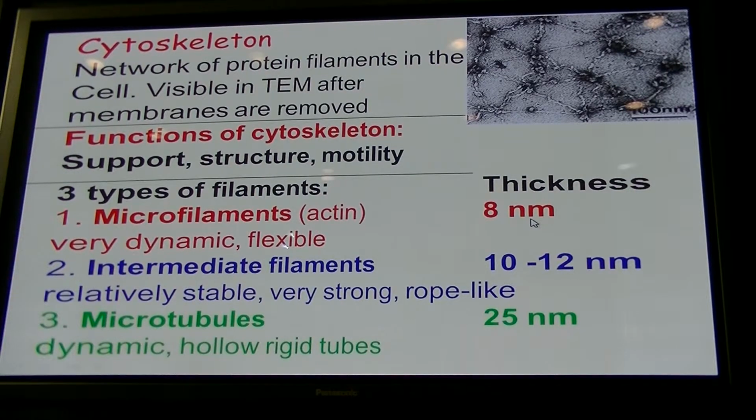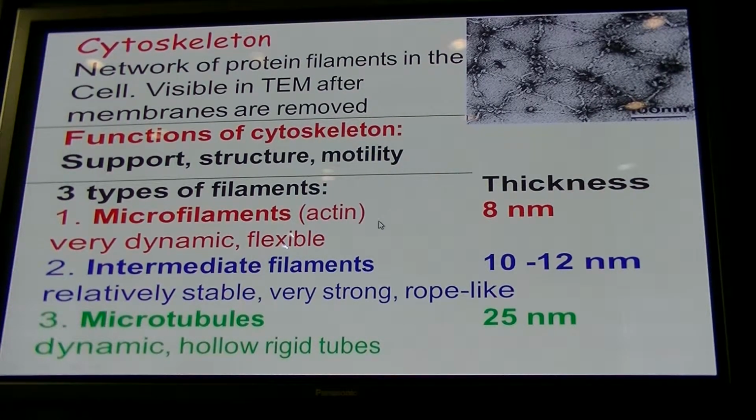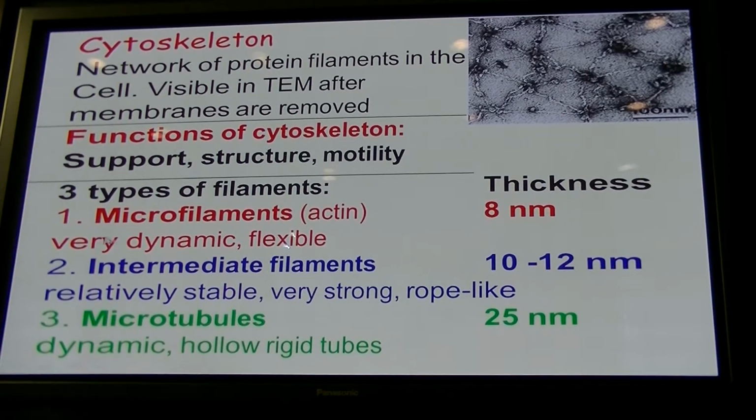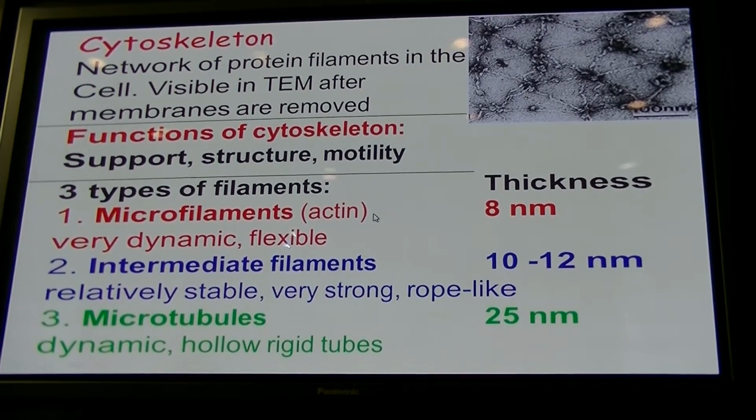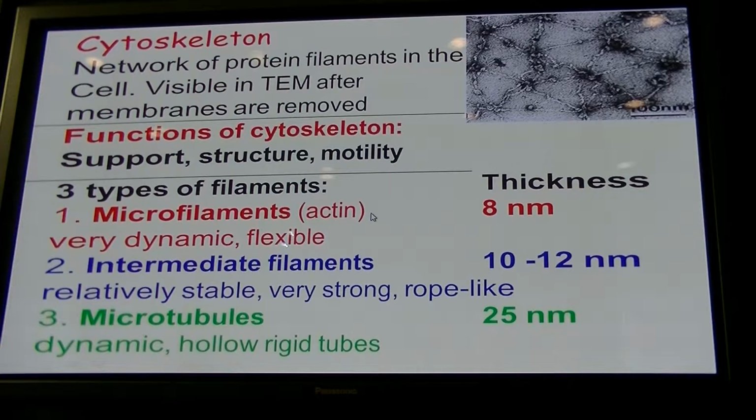They're about 8 nanometers thick, and the main subunit is actin. Actin in all cells is very dynamic, it's flexible. So these microfilaments form, break down, and reform in the typical cell, not in muscle. Actin is important in muscle contraction, as we will see.